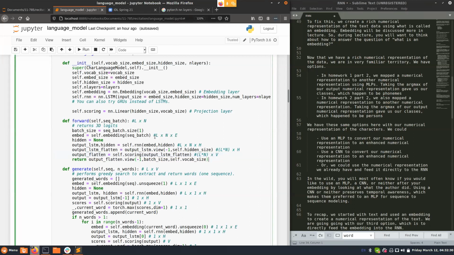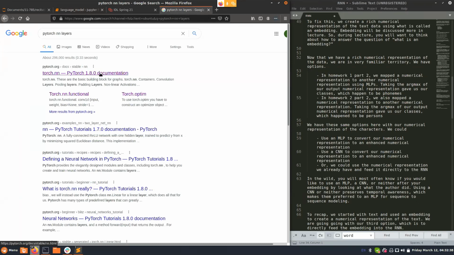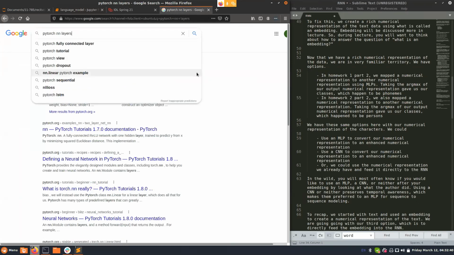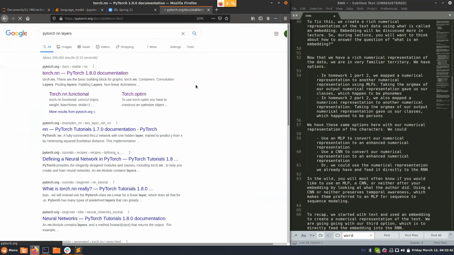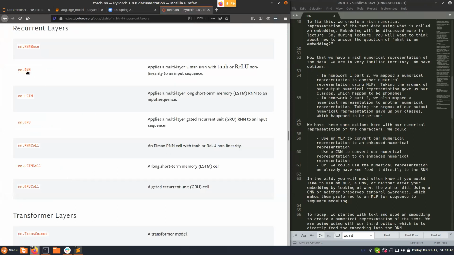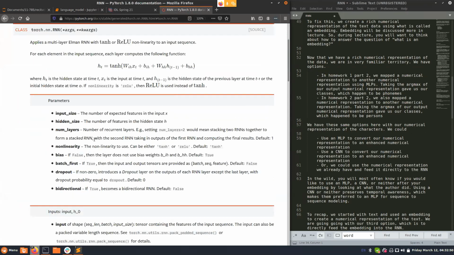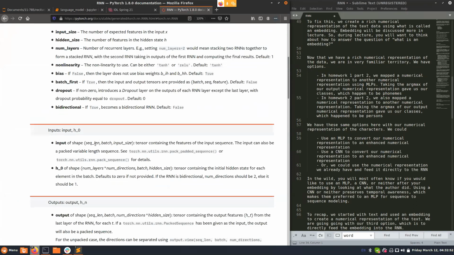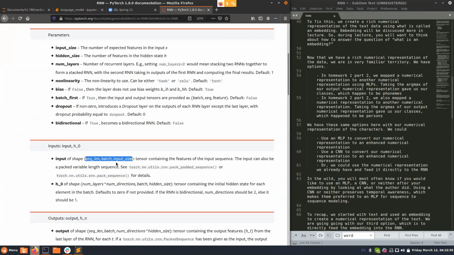And just for reference, you'll want to do this when you're introduced to new layers, or if anything seems unclear: look at the documentation. I just look at the PyTorch RNN layers documentation. If you're ever confused on what the inputs or outputs should be, the documentation will say that for RNN, the dimensions are sequence length by batch size by input size.